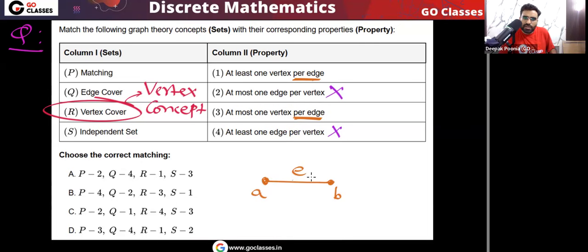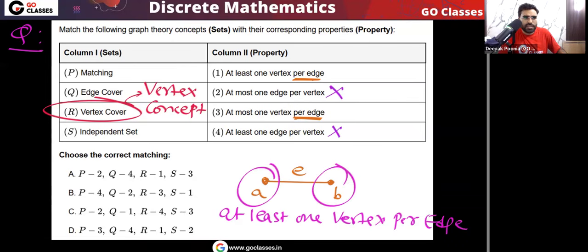So to cover this edge E, I can say that at least one vertex per edge I need to take. I hope you understood. Very simple. So R will be matching with 1.